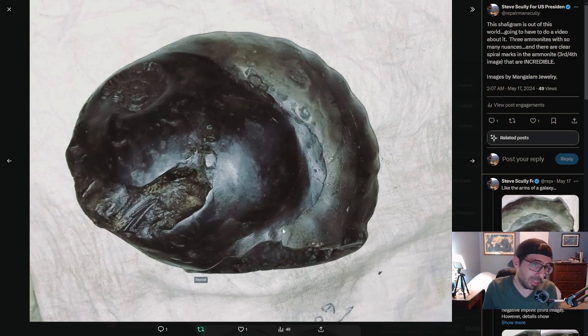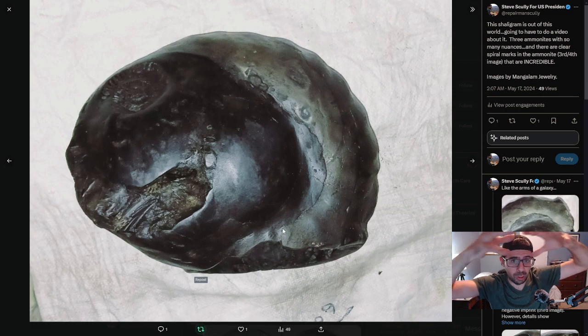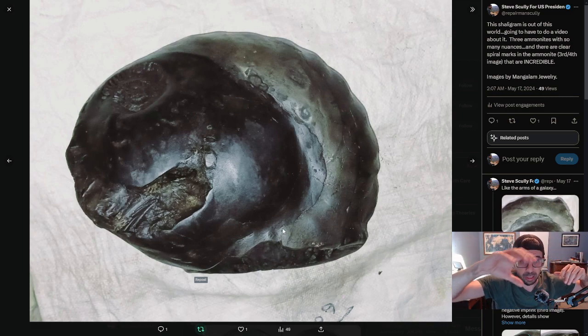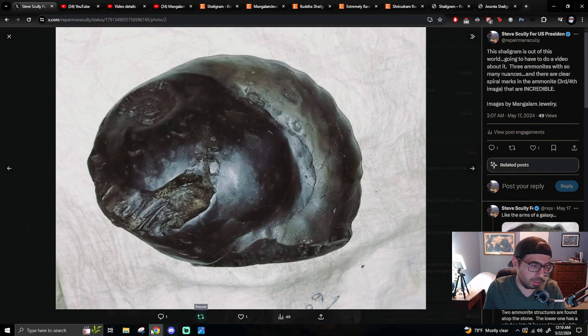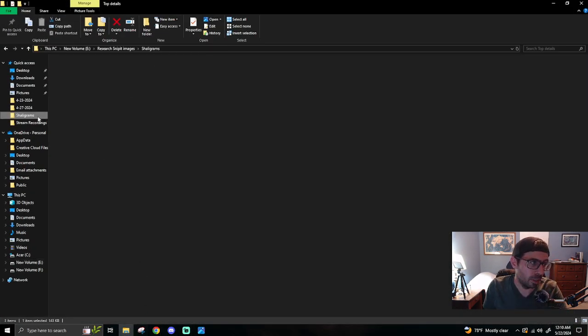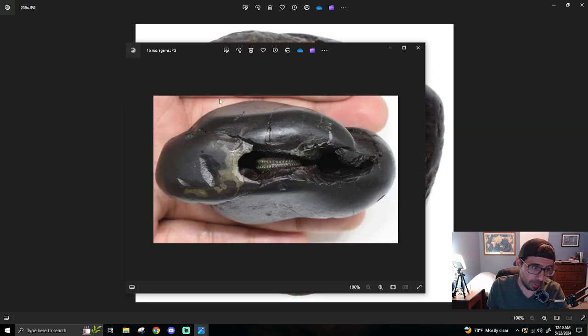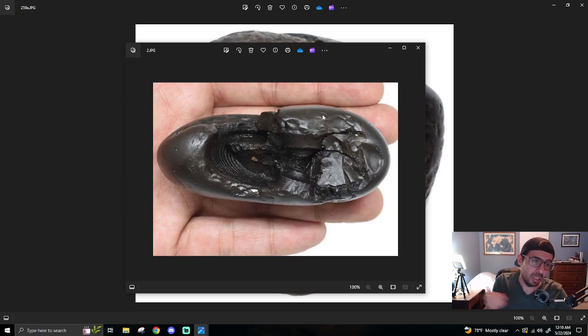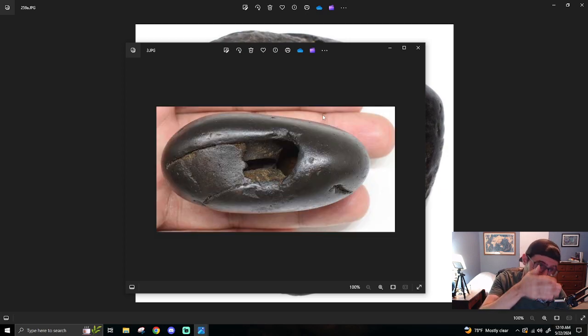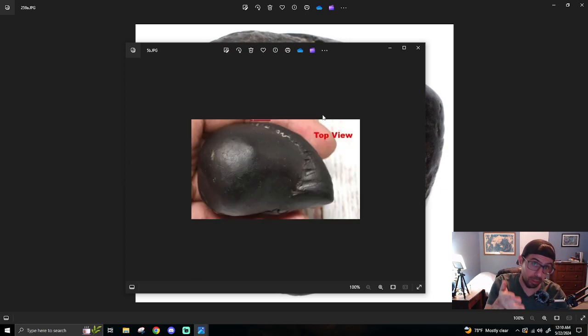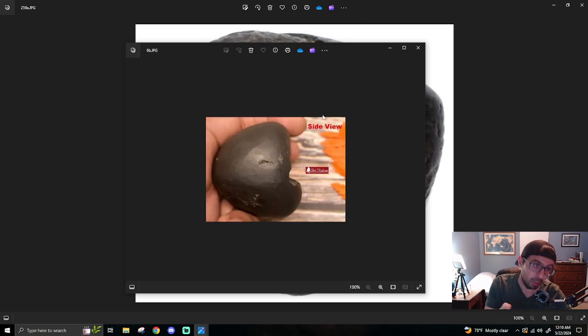But then sometimes those eddies aren't just a single basic eddy where there's a single vortex and then a surrounding pressure that's holding this vortex in this stone to create a standard shallogram like this one, where there's a single ammonite in the stone.